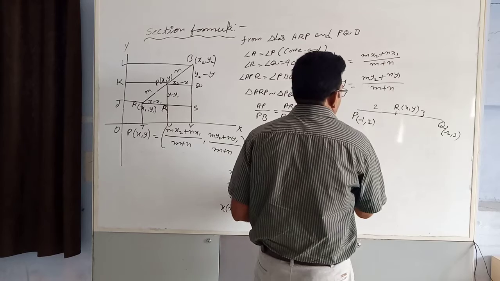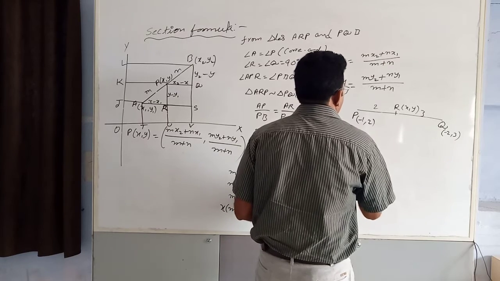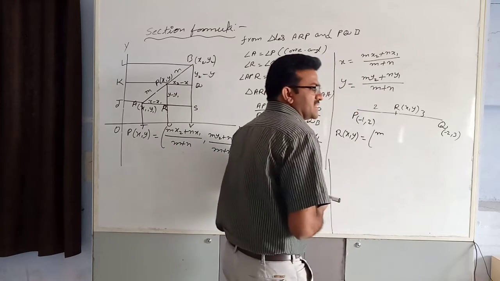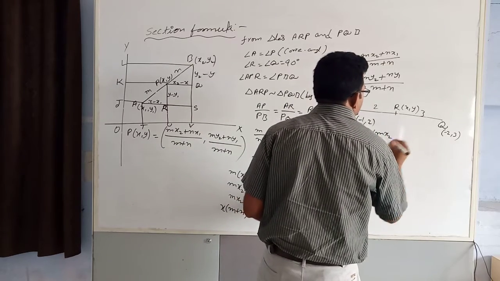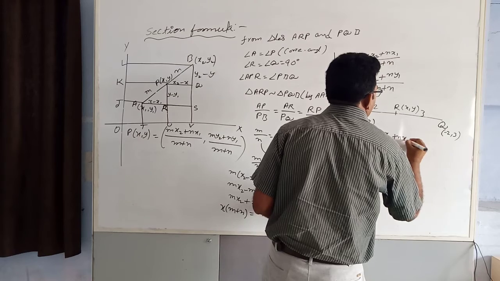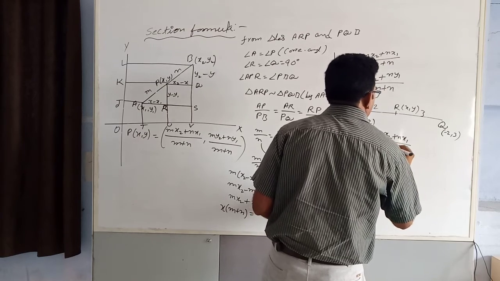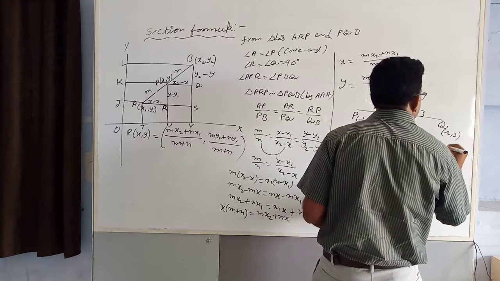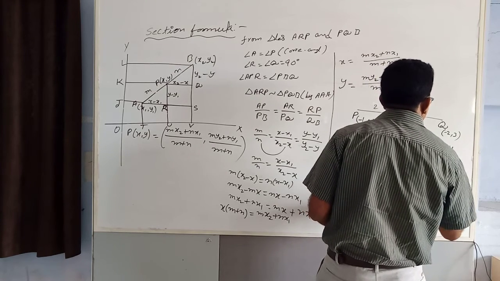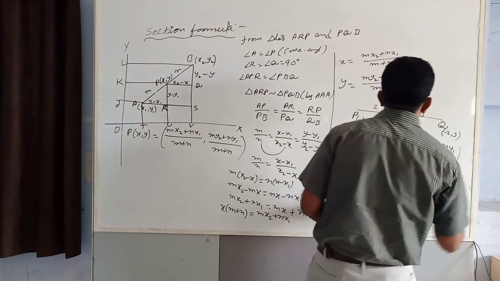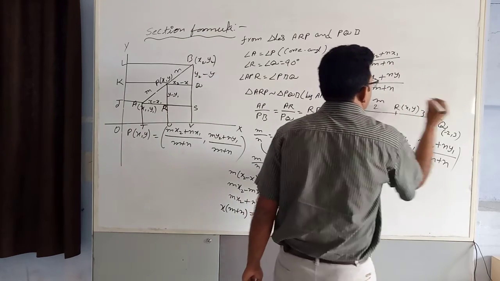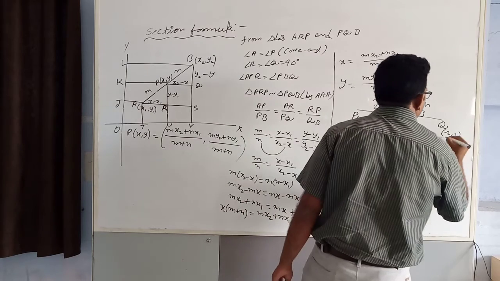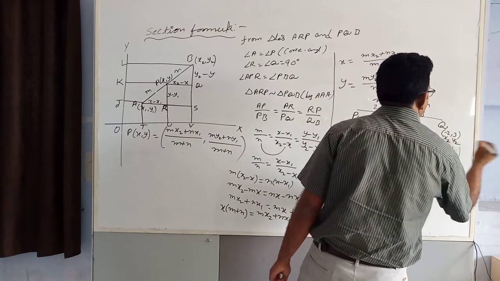So here R x comma y is equal, by using the section formula, mx2 plus nx1 by m plus n comma my2 plus ny1 by m plus n. So consider this one as m and this one as n, x1 y1, x2 y2.